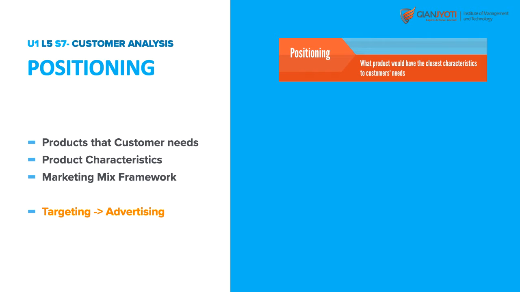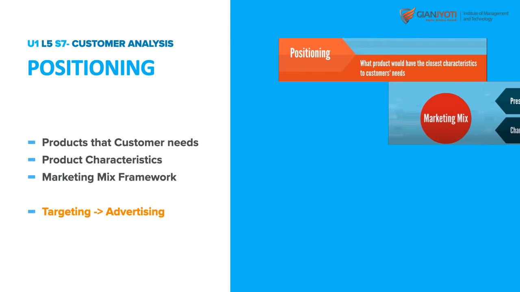Positioning is when we try to match the choice of the customer with the closest product whose characteristics the customer is looking for. So it is matching the best product as per the customer needs. That is what we try to position the product for.